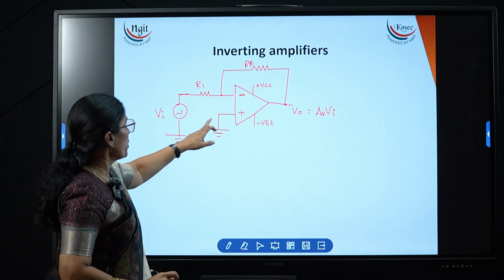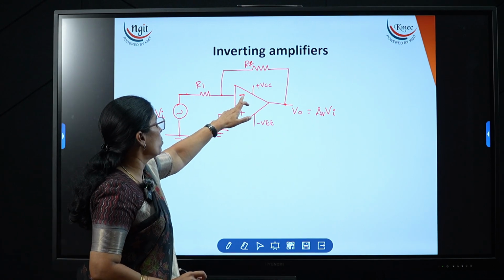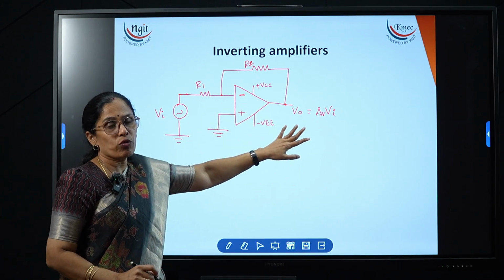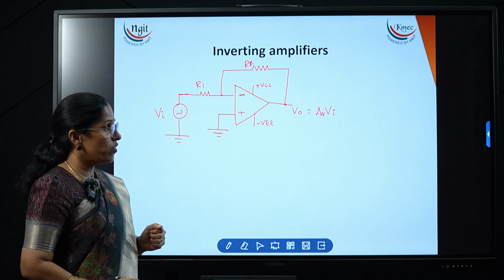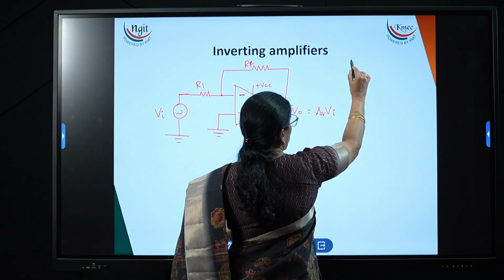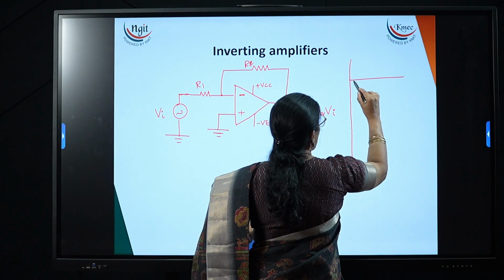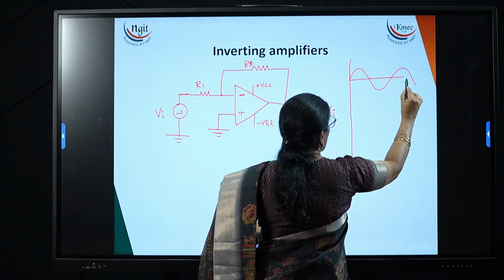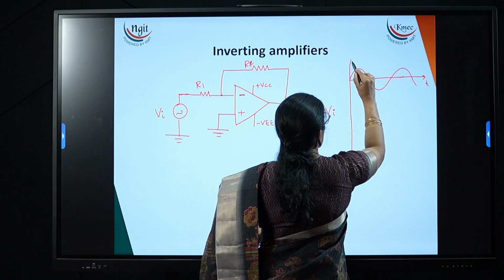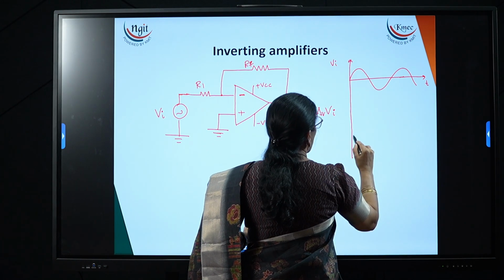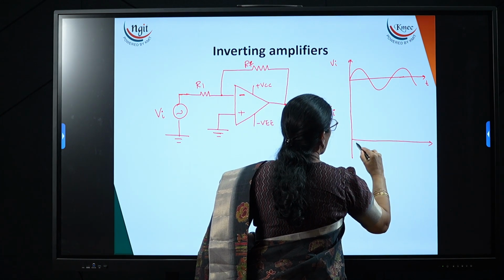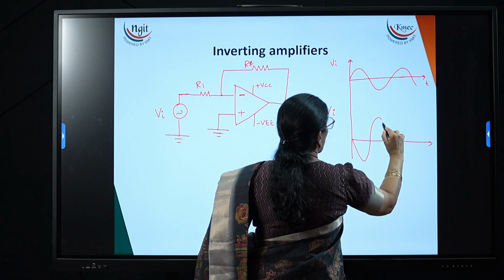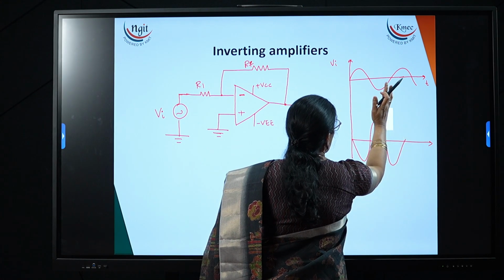Because we are applying the signal to the negative terminal, at the output we are going to get a 180 degree phase shift. That means if this is my input signal, then at the output I will get the amplified signal with a 180 degree phase shift.